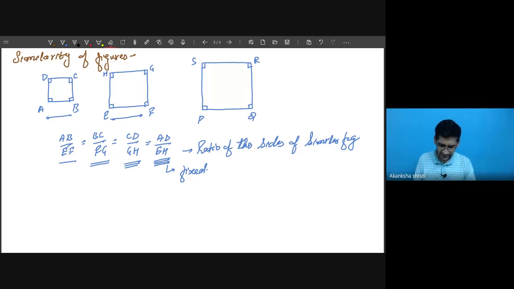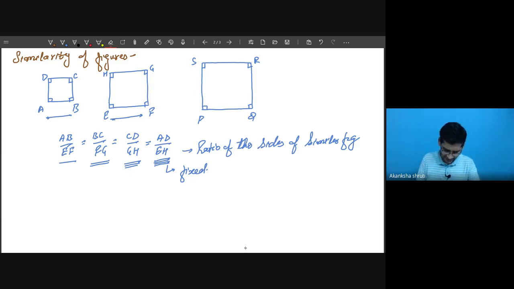So understanding that if AB is increased, EF is also increased, then the other side, say BC, will have to be increased to maintain the similarity. Similarly, FG has to be increased to maintain the similarity.